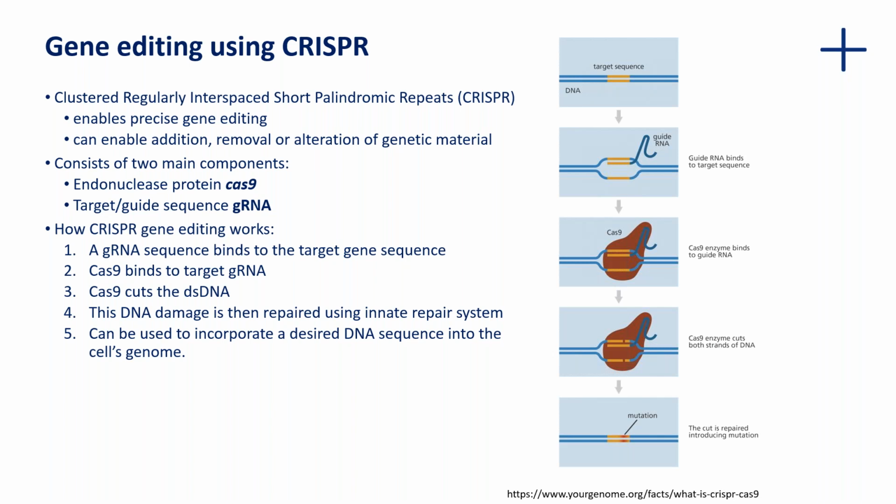You have your target sequence, and a guide RNA sequence will bind to that target gene sequence. The Cas enzyme will then bind to the guide RNA and will cut the double-stranded DNA. And this DNA damage is then repaired using innate cellular repair systems. And the approach can then be used to incorporate a desired DNA sequence into the cell's genome.